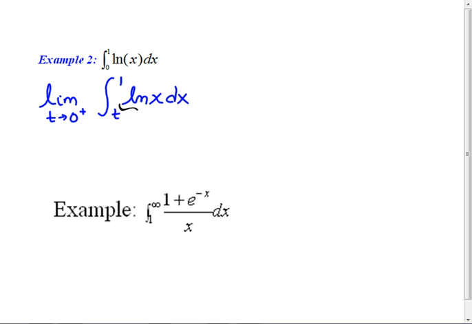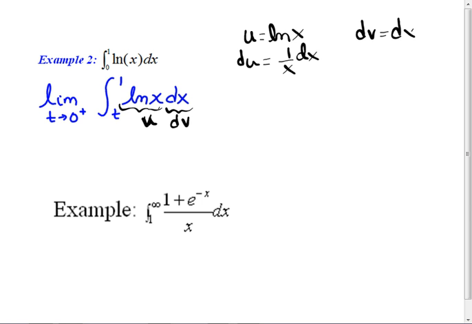We are going to call the log of x u, and I don't want dv to be that because I don't know how to integrate it, so I just said that this is dv. So u is equal to the log of x, so du is equal to 1 over x dx. And then dv is equal to dx. You need those differentials because it doesn't even make sense if you don't have them.